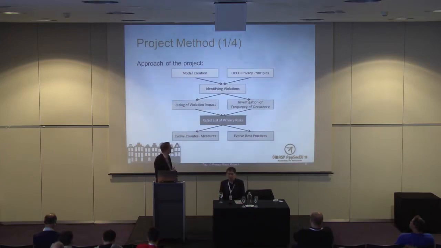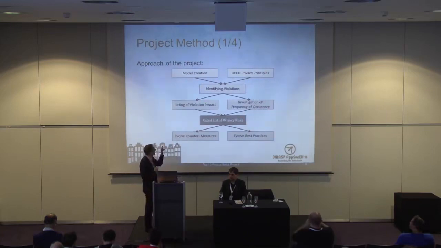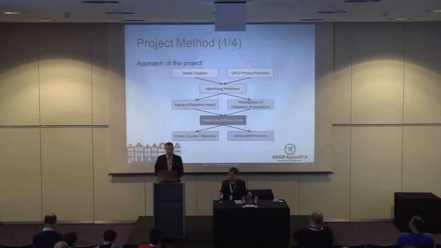And on the other hand, we had the OECD privacy principles. Then we had to identify potential violations, which is quite similar to the threats in the security world. But we thought the term threat didn't really fit here, because when we have such a threat or violation, it's already a violation against the privacy principles. So that's why we chose the term violations.